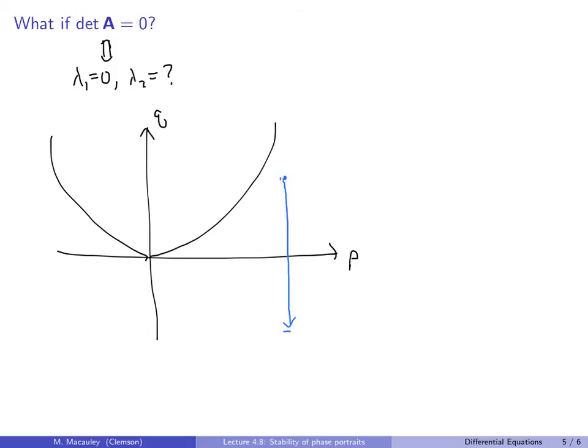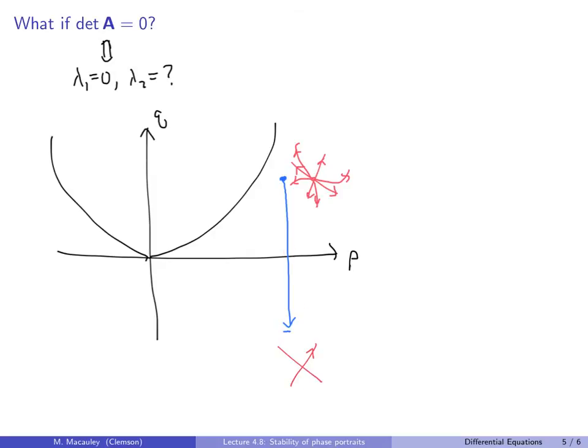So if we start up here, then this corresponds to a node where there's going to be a bend, something like this. The bend's going to be pronounced. It's going to get less and less as we get toward the p-axis, and then down here it's just going to correspond to some saddle.